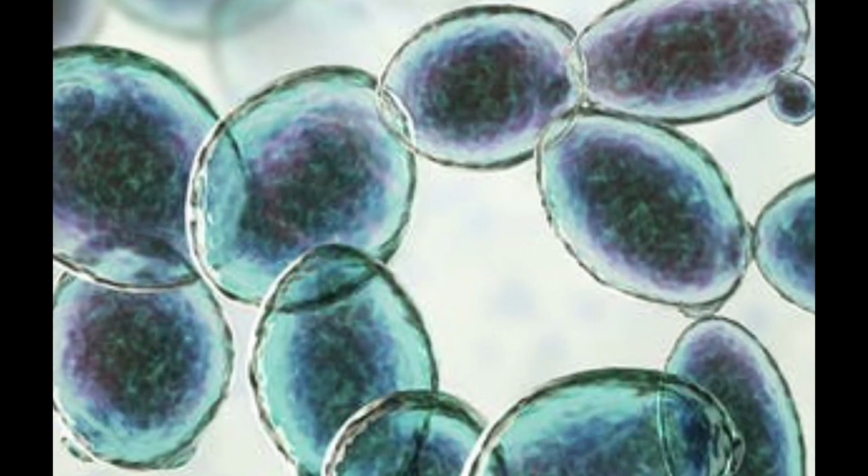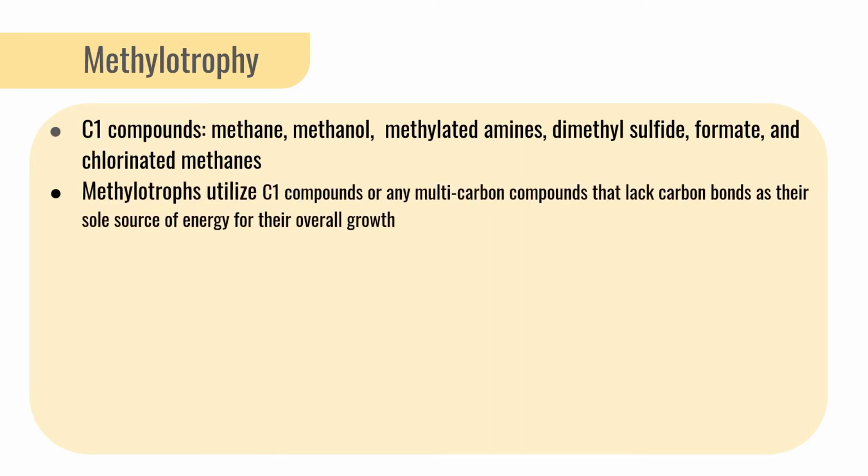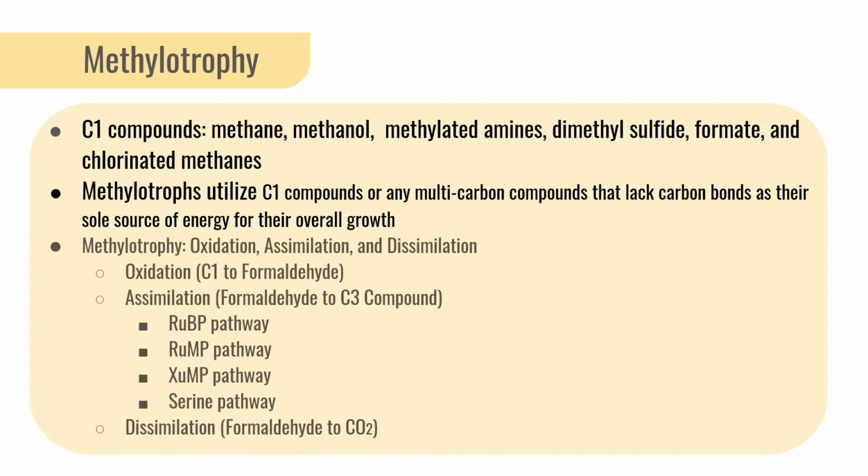Let's recap what we have learned so far. We learned that C1 compounds include methane, methanol, methylated amines, dimethyl sulfide, formate, and chlorinated methanes. We also learned that those organisms that can utilize C1 compounds as their source of energy for growth are called methylotrophs. They do this by first oxidizing the C1 compound to formaldehyde using a special set of enzymes.